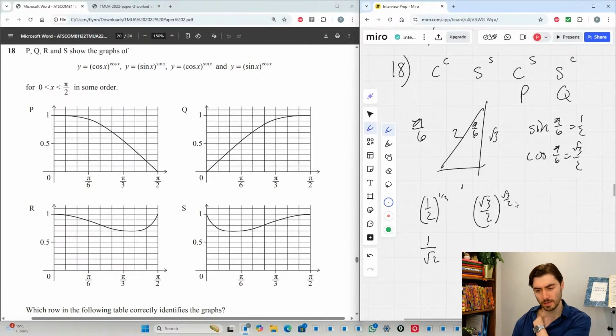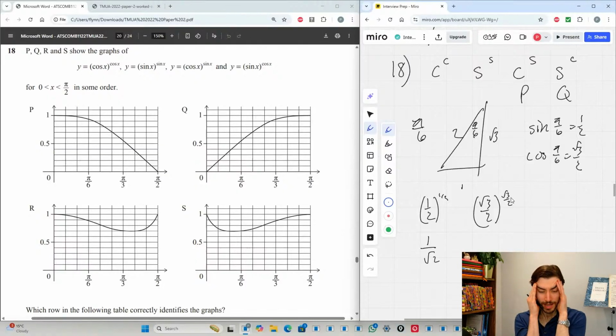Now this is a higher number to a higher power. These are all between 0 and 1.